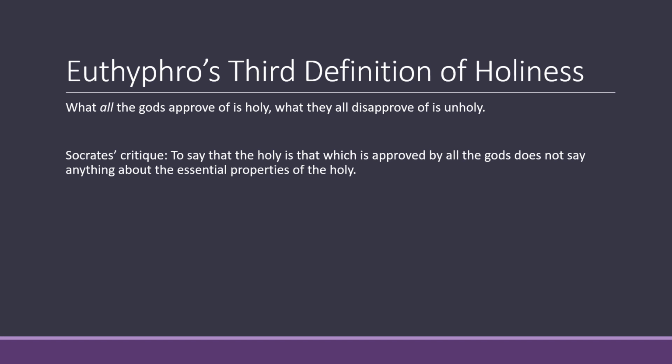It only offers us what philosophers call an accidental or secondary, an incidental property of holiness, but not one that is essential to holiness. I think a parallel example will help to make clear exactly what the flaw is with this definition.